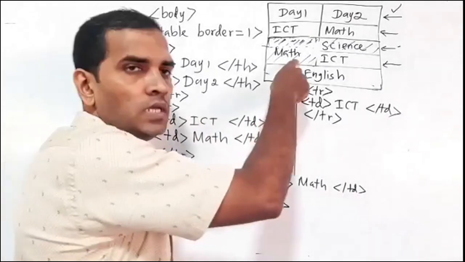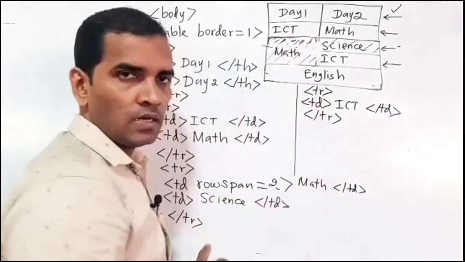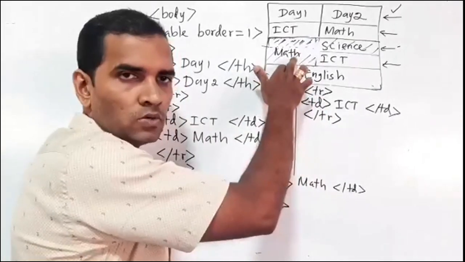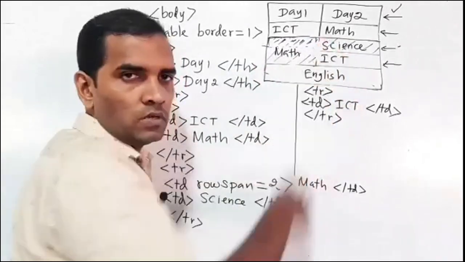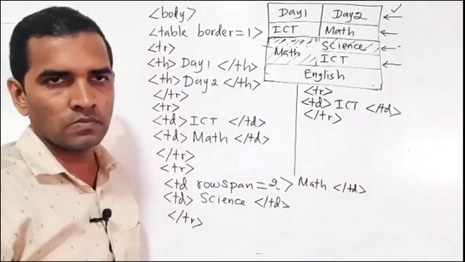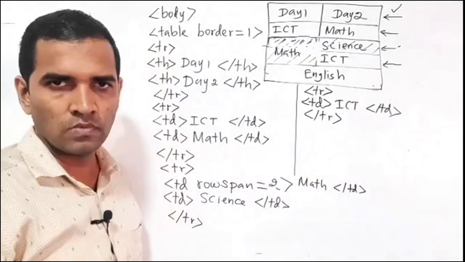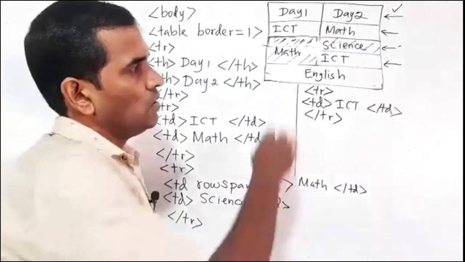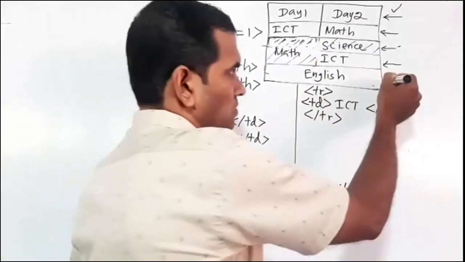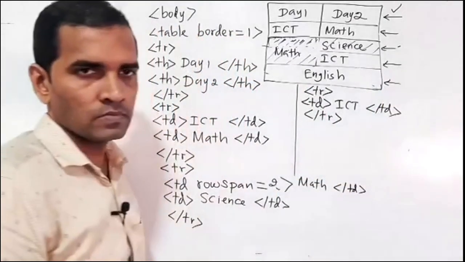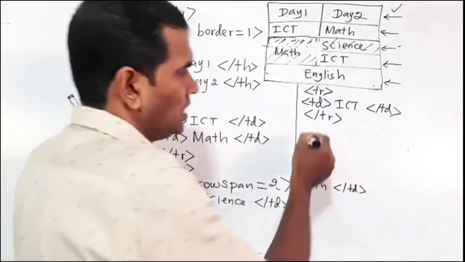So this was created, no need to create it again, right? That's why I have ignored that. I only focused on the second cell. Clear? So now we come to the last row. Okay, right. So again, another TR.